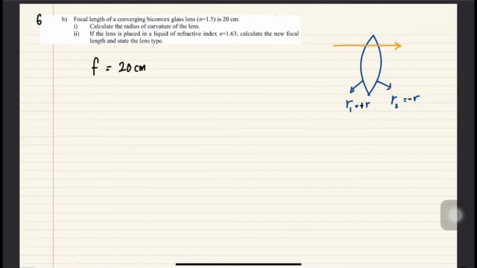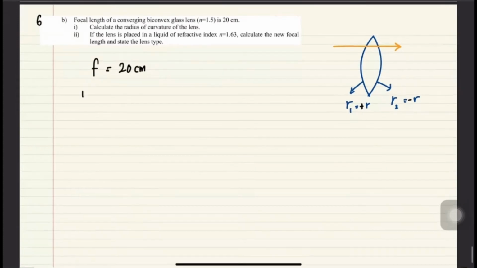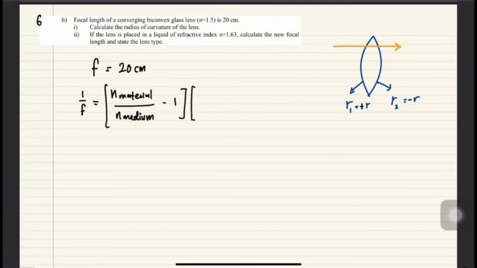Okay. So now you want to apply the lens maker equation where 1 over F is equal to N material over N medium minus 1, times 1 over R1 minus 1 over R2. Okay, just double check with the formula sheet.